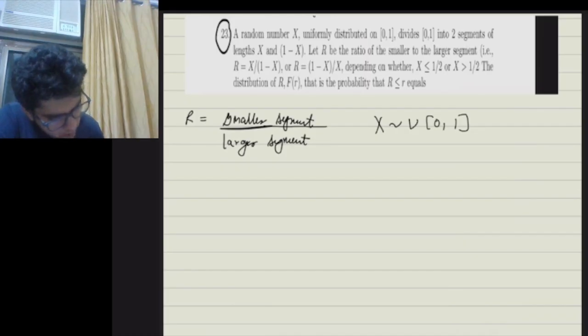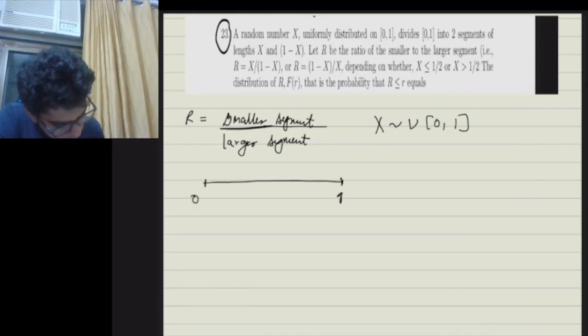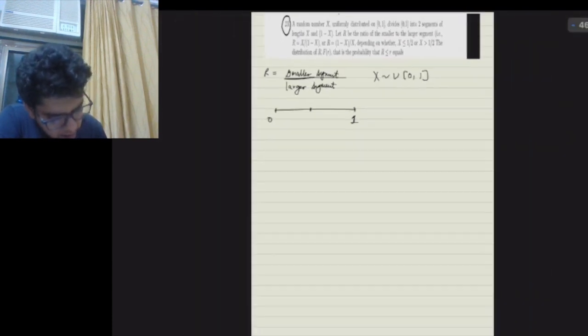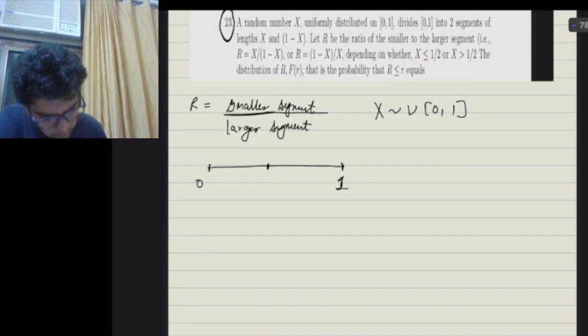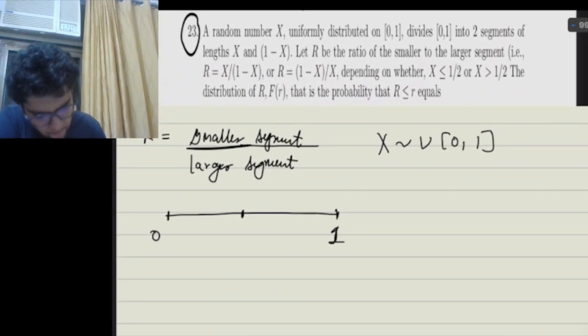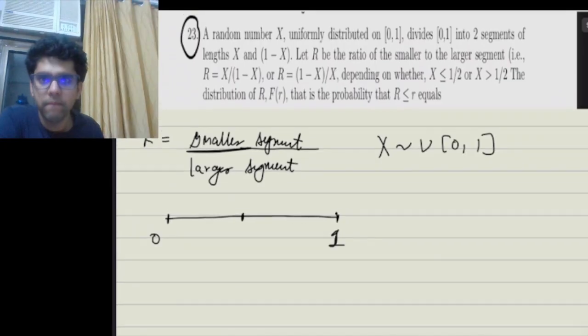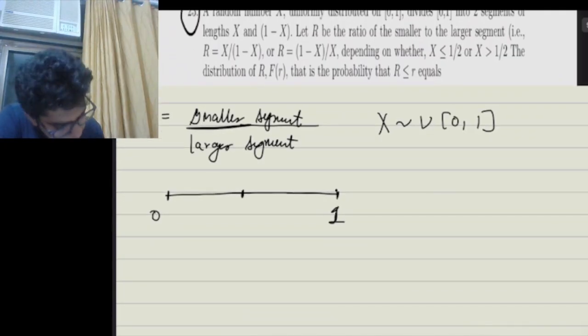Now if I divide any line segment in two parts, where the first part is x, for example x lies anywhere on this line 0 to 1. If x lies here, then this segment is x, and this segment would be 1 minus x.